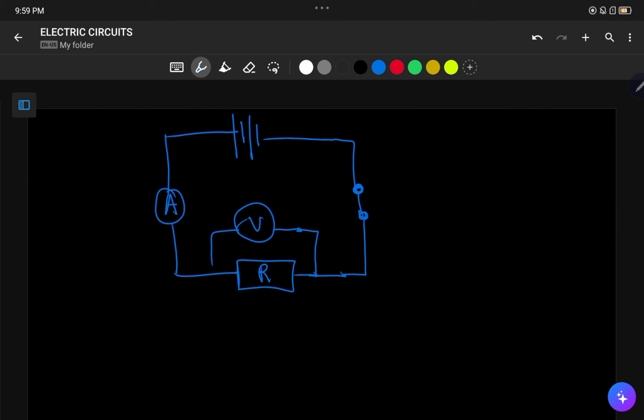The first component that we have is what we refer to as a switch.